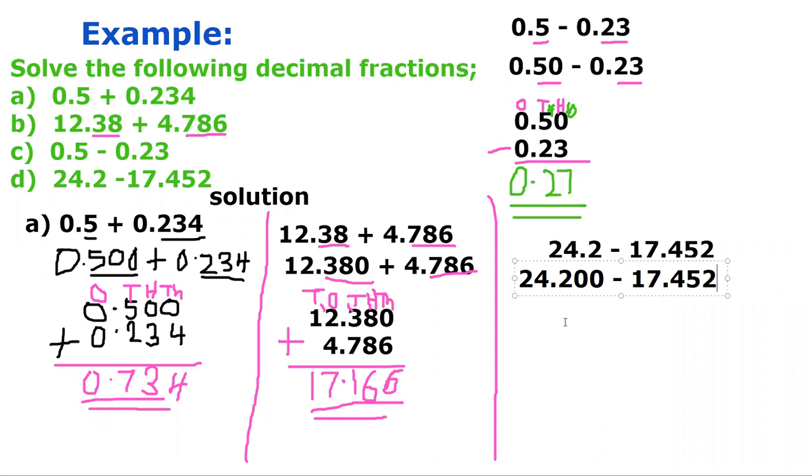Now we have balanced or equal decimal numbers here. Okay, now let's check. Here is 3 decimal numbers now, and here is 3 decimal numbers now. So we are going to arrange them in a vertical form.